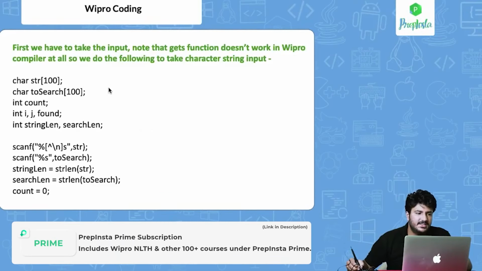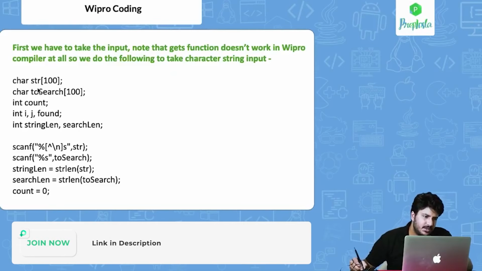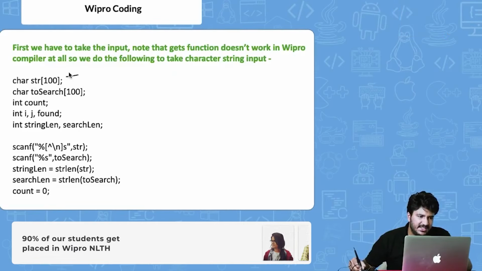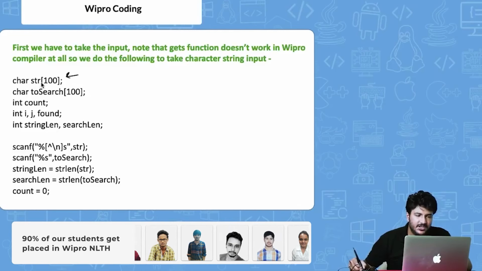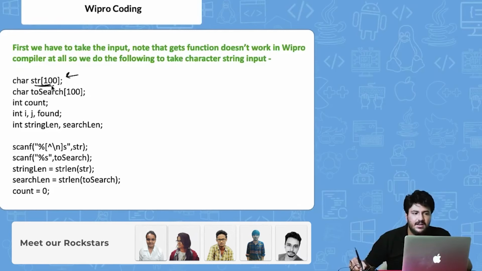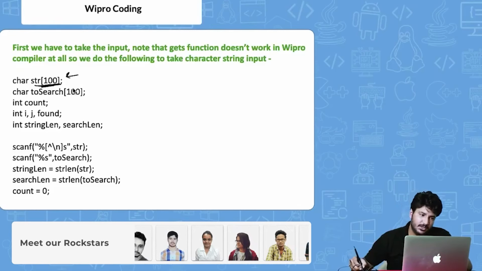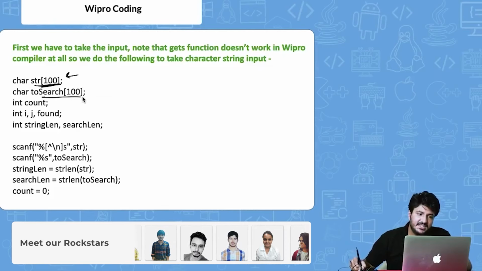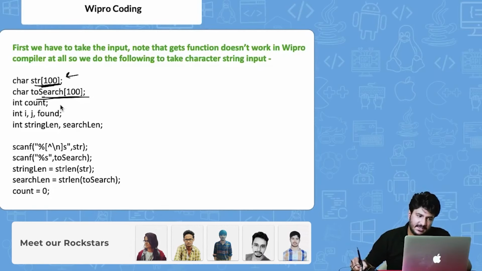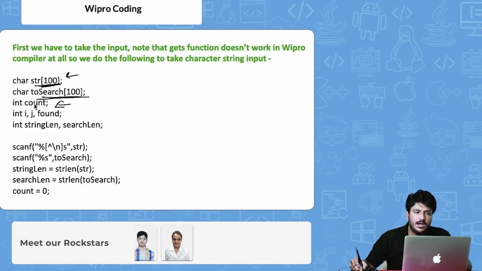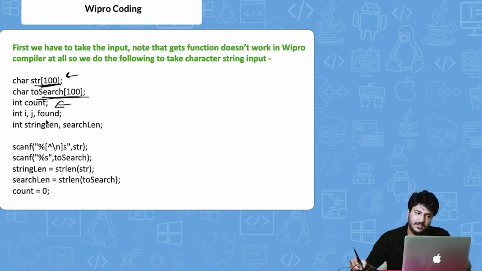Okay, so let's start with this particular question. What we are doing here is initially initializing the first string, that is str[100], wherein we are taking the input. Then second, we are initializing the string that we have to search. And then this is basically used for counting the number of times we have found that particular target string in the main string.